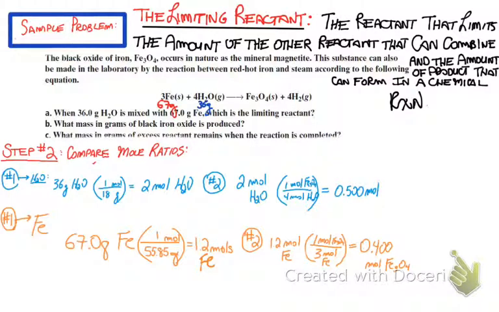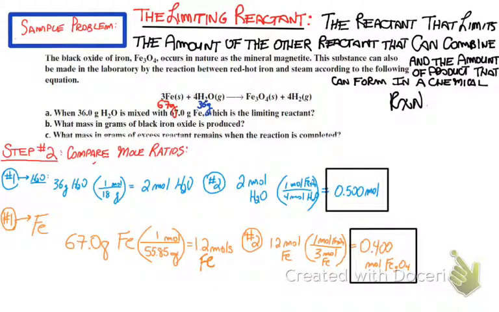So clearly from this problem, the limiting reactant is the iron. It produces less of the product. The 36 grams of water has the potential to produce half a mole of the product Fe3O4, and 67 grams of the iron has the potential to produce 0.4 moles of the product.